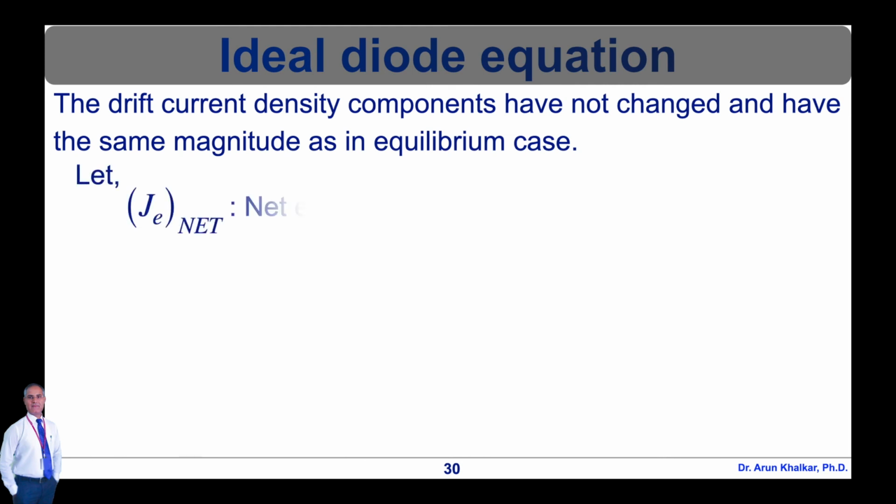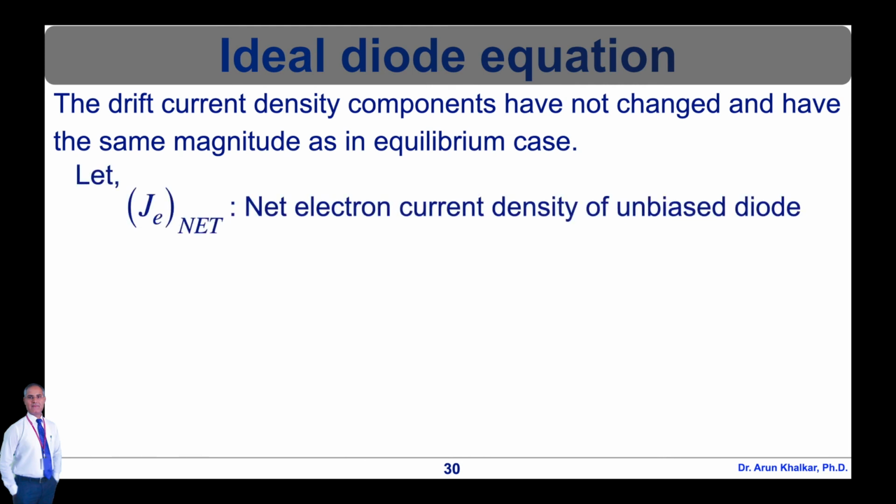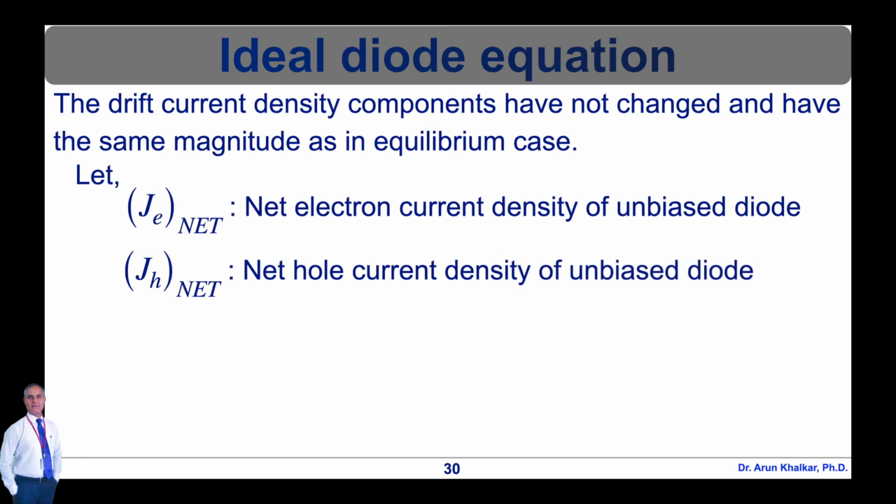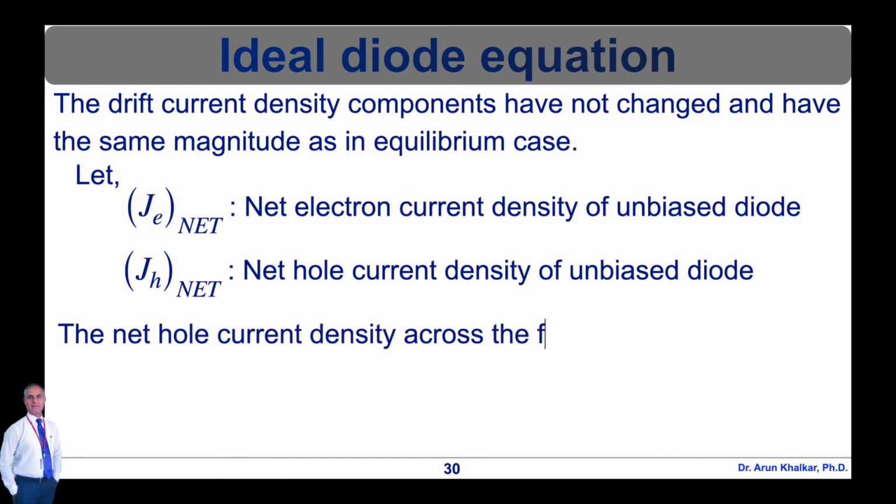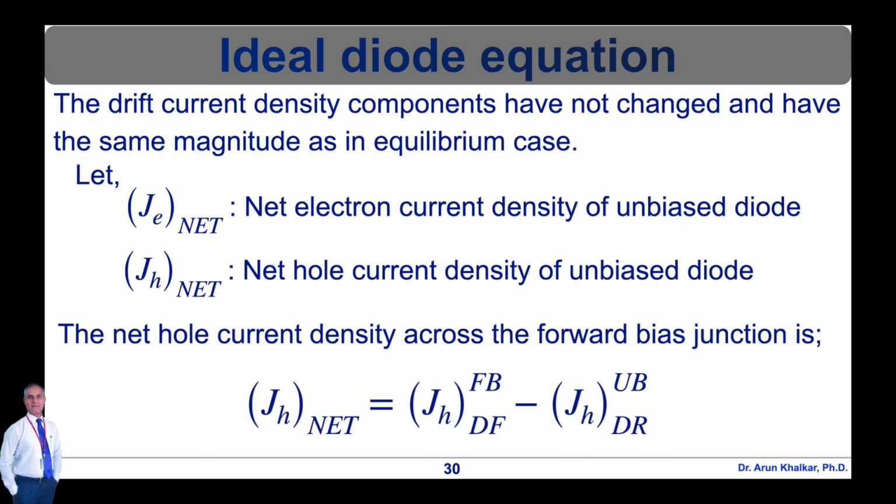Therefore, let Je net be the net electron current density of the unbiased diode and JH net be the net hole current density of the unbiased diode. Therefore, the net hole current density across the forward bias junction is JH net is equal to JH of dfFB minus JH of drUB.